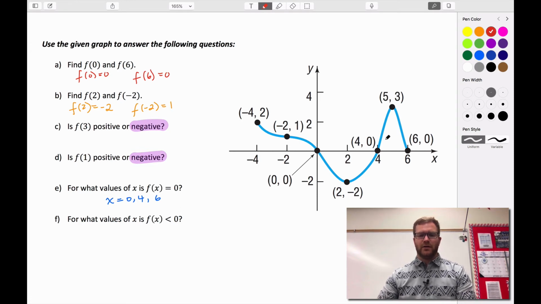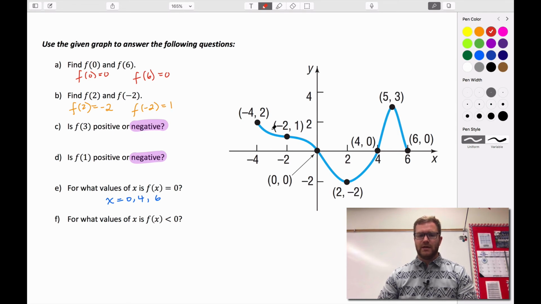So we have to look at our entire graph, and then figure out what interval that is true over. So we see that our graph starts here at negative 4 and then stops over here at an x value of 6. And in between, it's both above and below the x-axis and also on the x-axis. So we're looking for the interval or intervals in which our graph is below the x-axis.